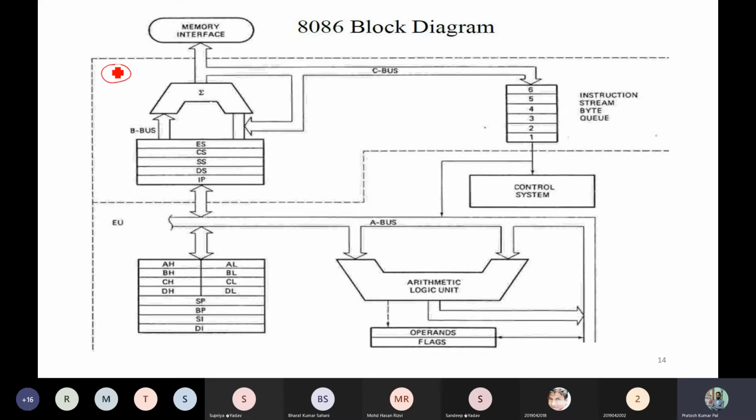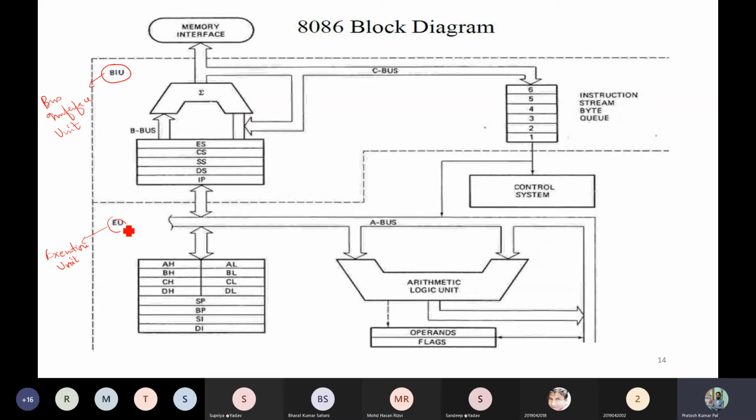One is BIU, that is bus interface unit. Another one is EU, that is called execution unit.